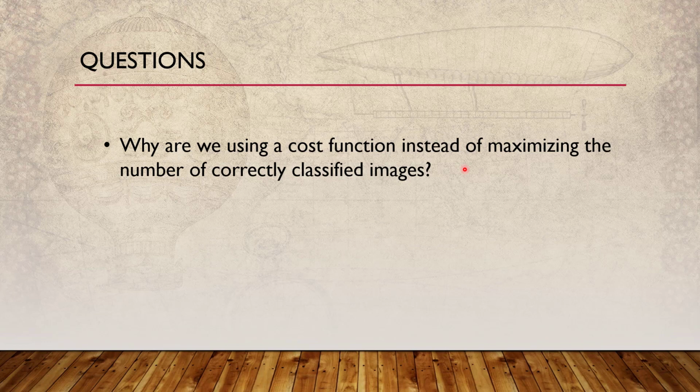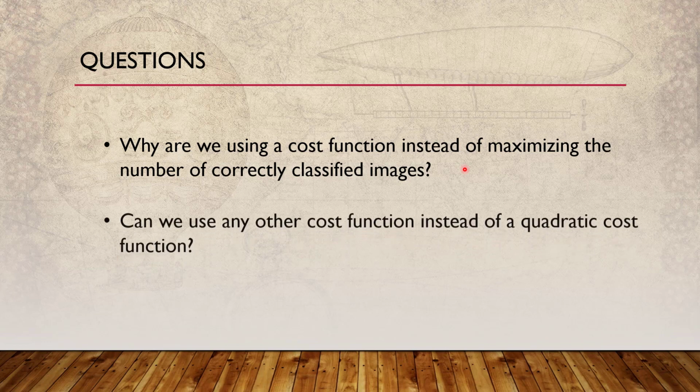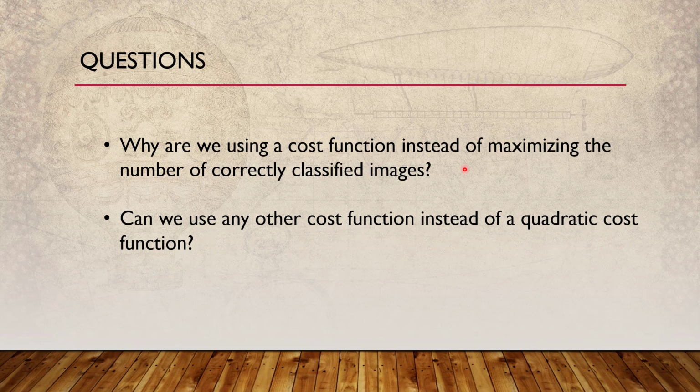And the second question could be, if we are using a cost function, can we use any other cost function instead of this particular quadratic cost function? We will revisit these two questions later in this video, but let's first try to understand the current cost function we have started with.